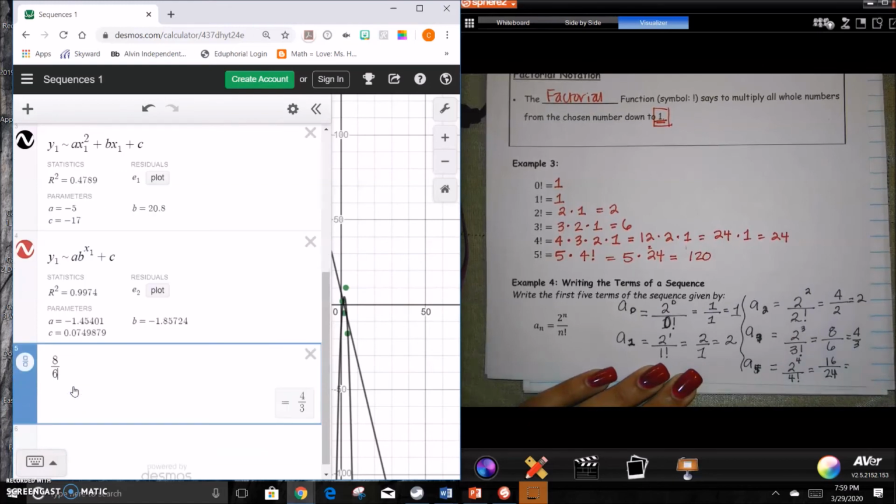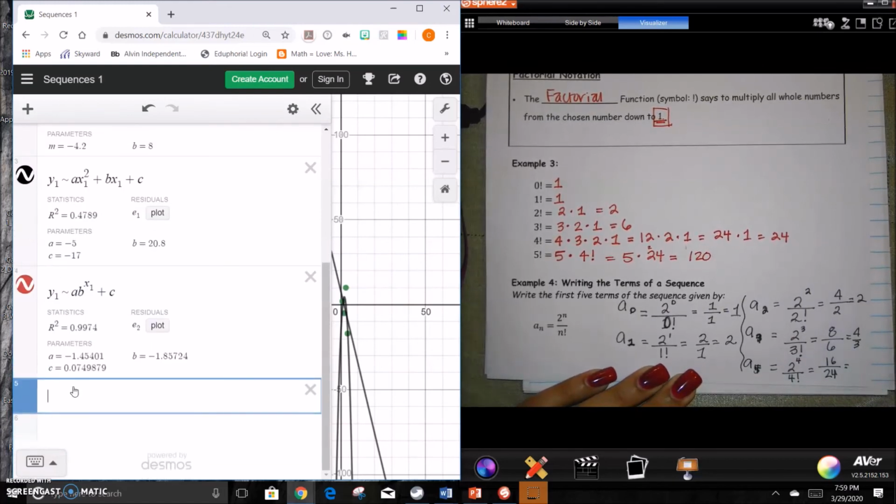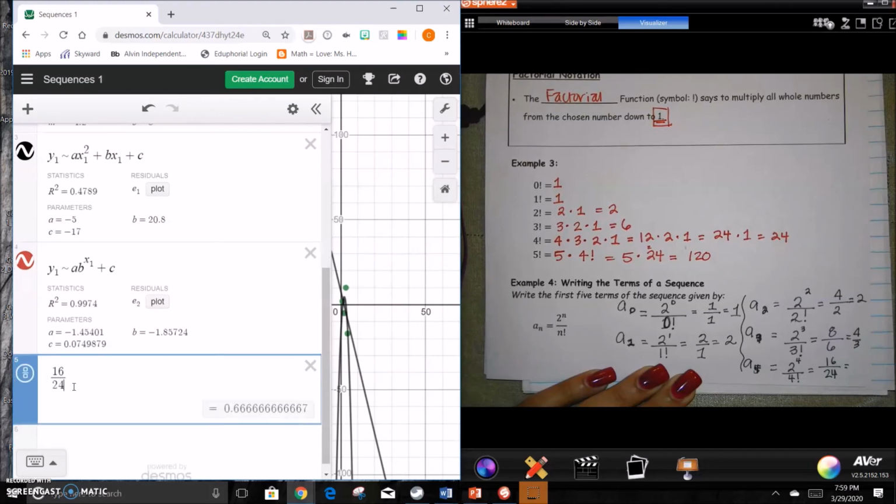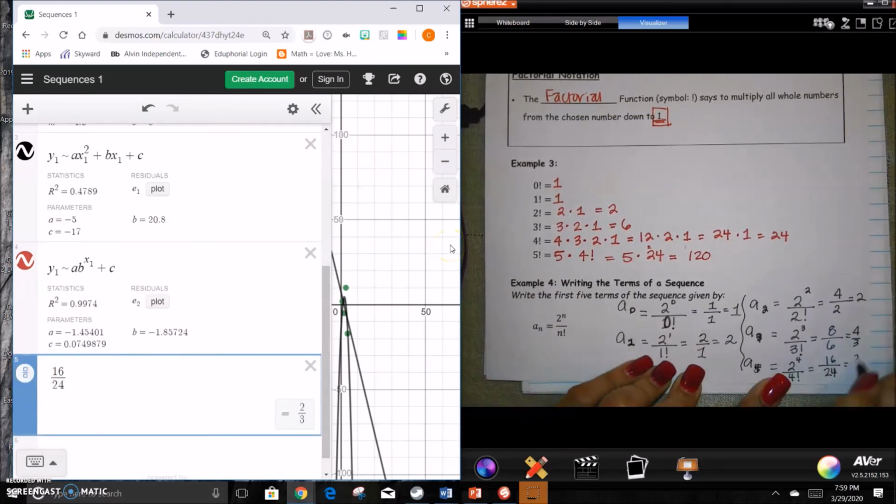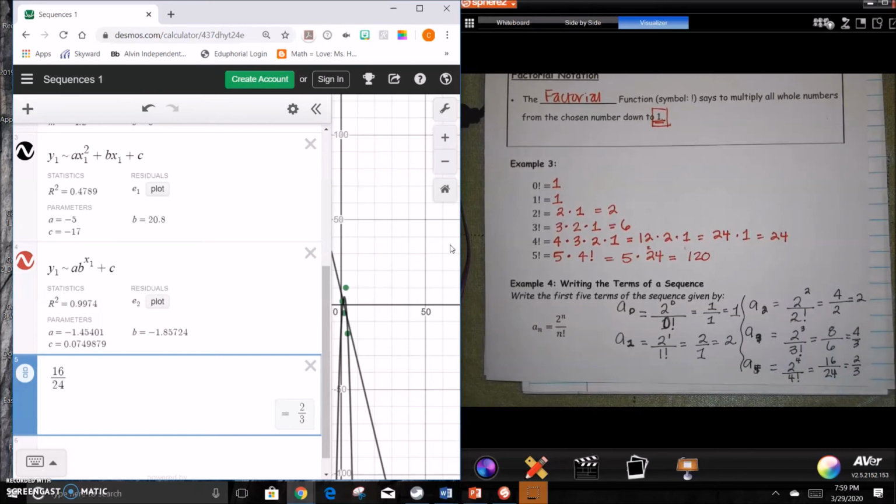So I'm going to reduce it. 16 divided by 24, changed to a fraction, is 2/3. So the first 5 terms in the sequence are 1, 2, 2, 4 over 3, 2 over 3. If you need to, make a table out to the side so that it becomes clear to you what the numbers in the sequence are.